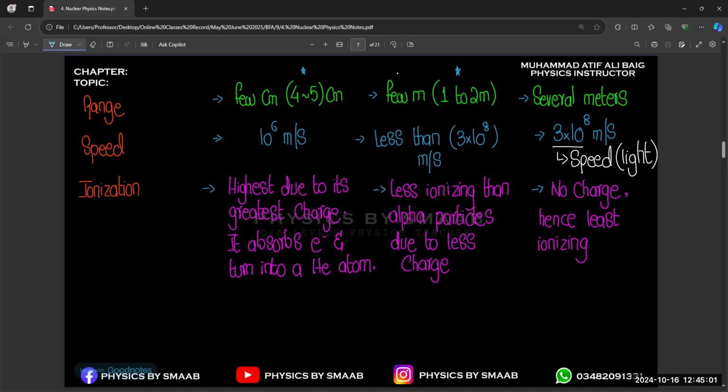And speed refers to the moving speed of alpha, beta, and gamma, like how fast alpha can move, how fast beta can move, how fast gamma can move. Okay, sir, got it.